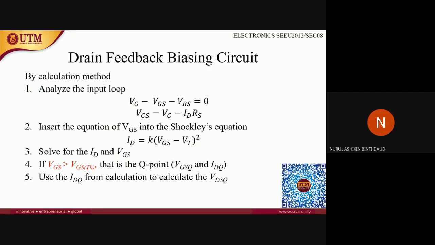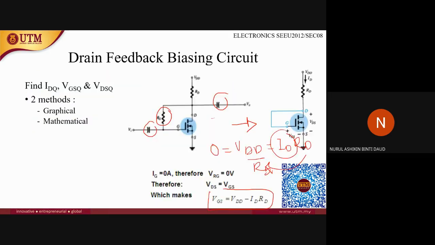For the mathematical method, same as with BJT, first of all we need to analyze where the input loop is. If we look at this circuit, this is VG, this is VD, this is VDD.